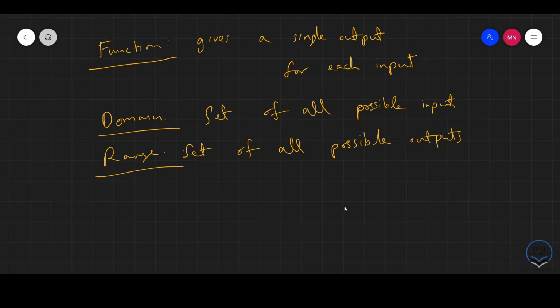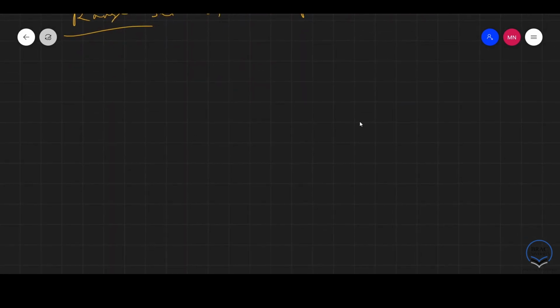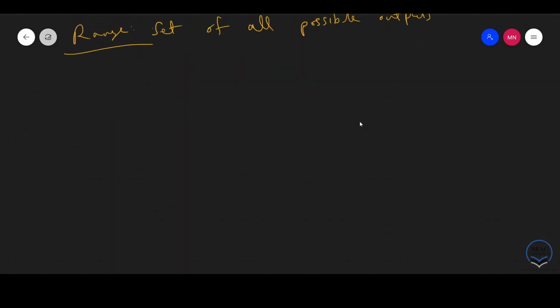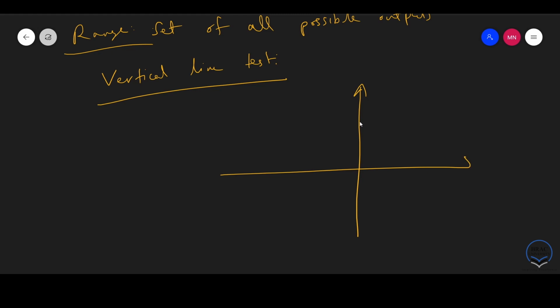Now we've also taken a look at how to graph some functions, and we can show whether the graph of something is that of a function or not by something called the vertical line test, right? So if we're given a graph of some sort of equation, let's say we have the graph of a straight line, we can just draw some vertical lines at each value of x on the graph, right?